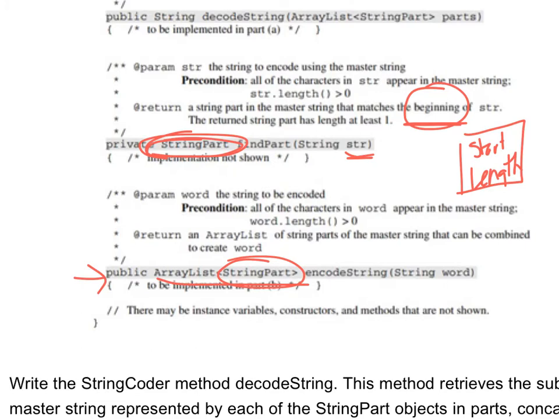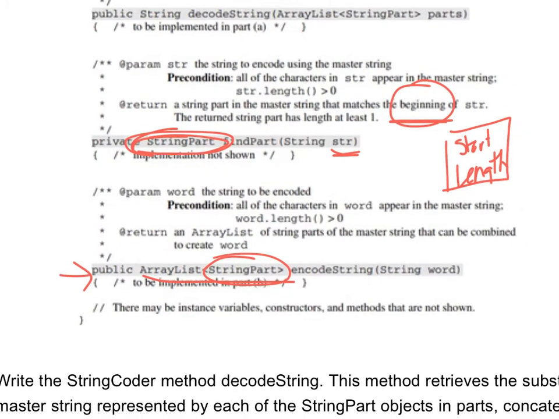So all you really have to do is keep cutting down your word because it's always going to return the beginning. So whatever part of the word that it picked, you want to cut that out. So in other words, if you had, I'm just making up words, machine, and it found MA, so it found something of length 2.